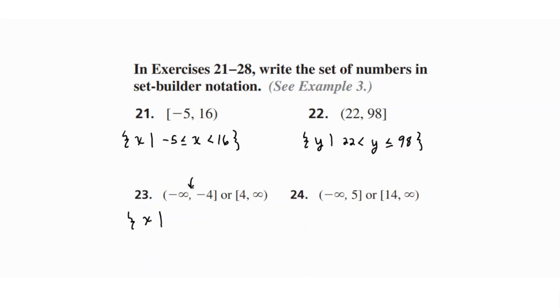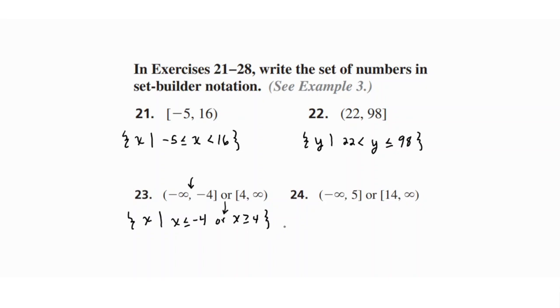That would be going back from interval notation to inequality. So x less than or equal to -4, or x greater than or equal to +4. So our or statement would carry over into the set builder notation.